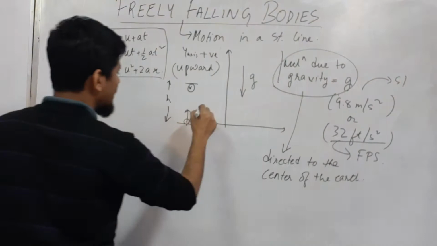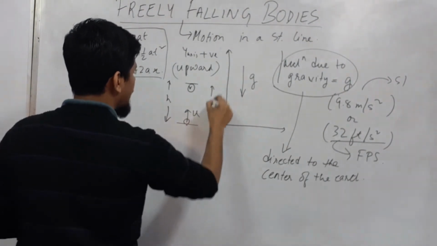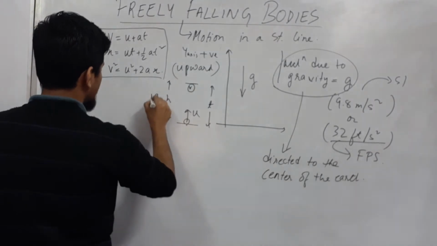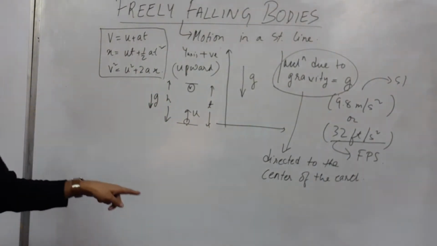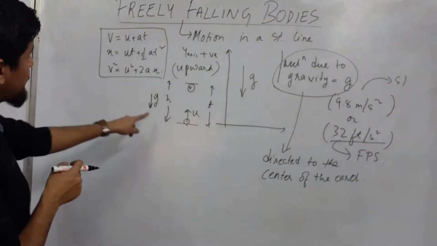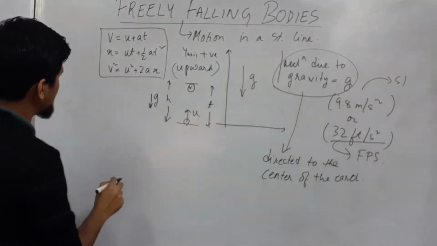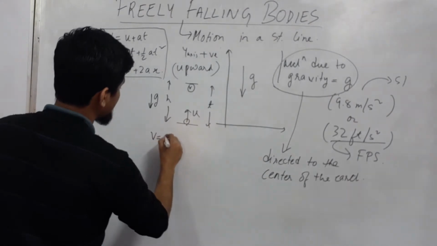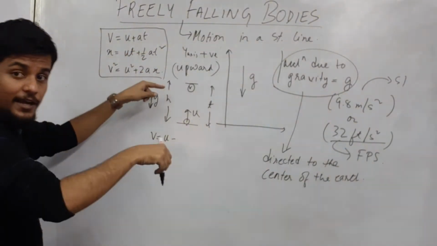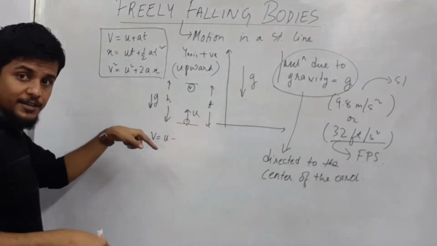The time taken in this part will be t, and we know that the acceleration due to gravity g is always directed downwards. So this is the scenario that we need to keep in mind. Here the acceleration a is equal to minus g, since it is directed in the opposite direction to the motion.